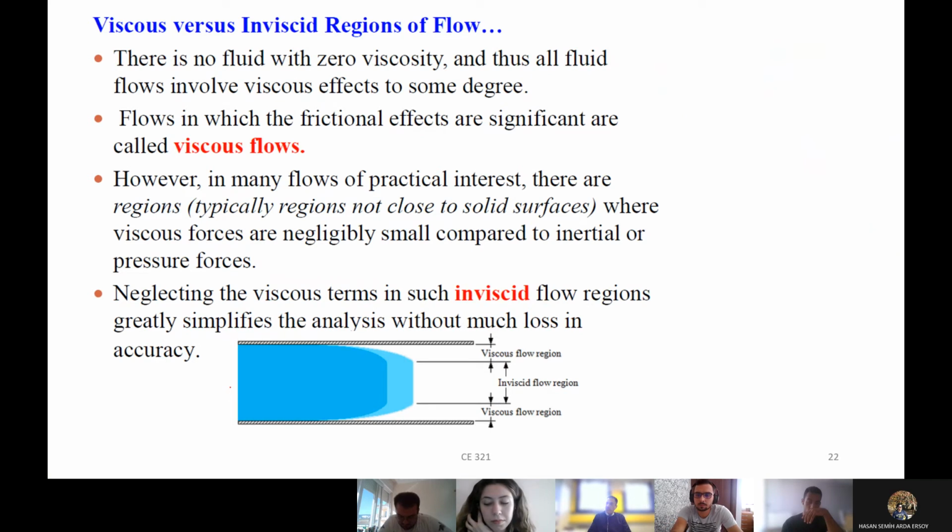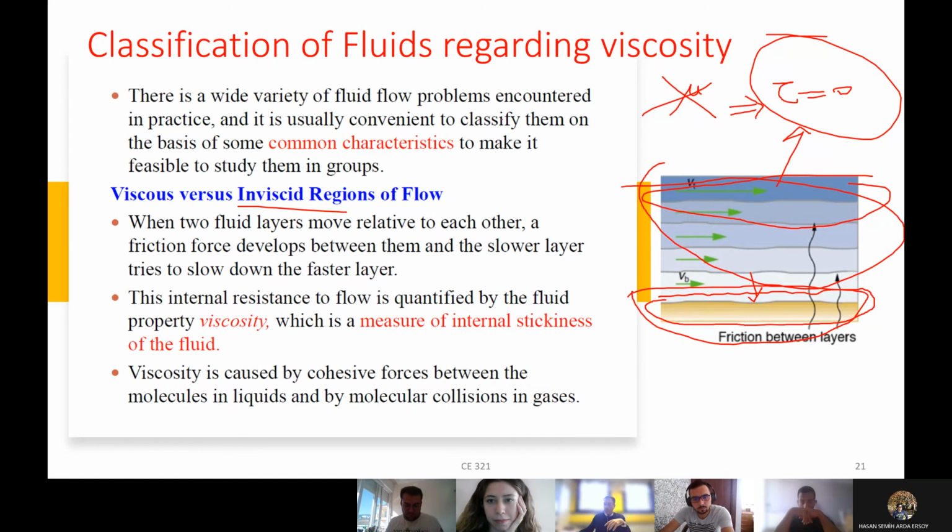There is no fluid with zero viscosity. In reality, any fluid has a cohesive force between molecules. This assumption is not true in reality.